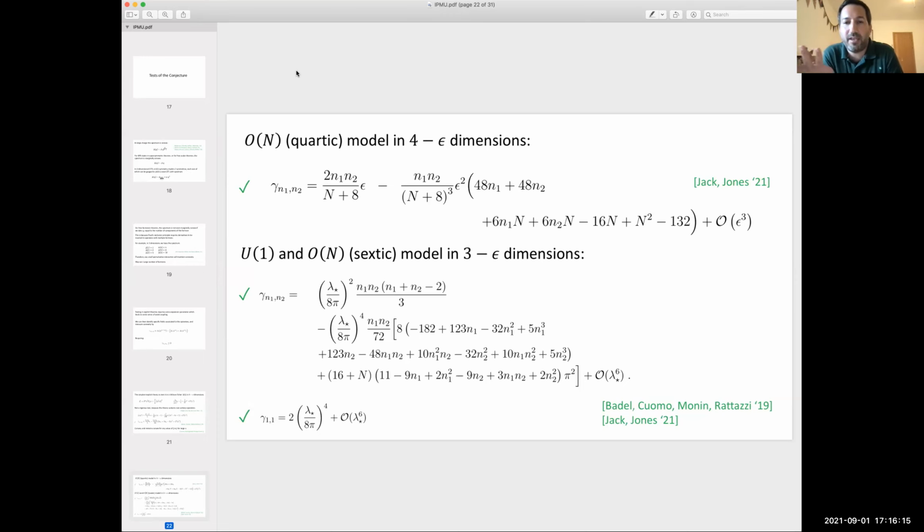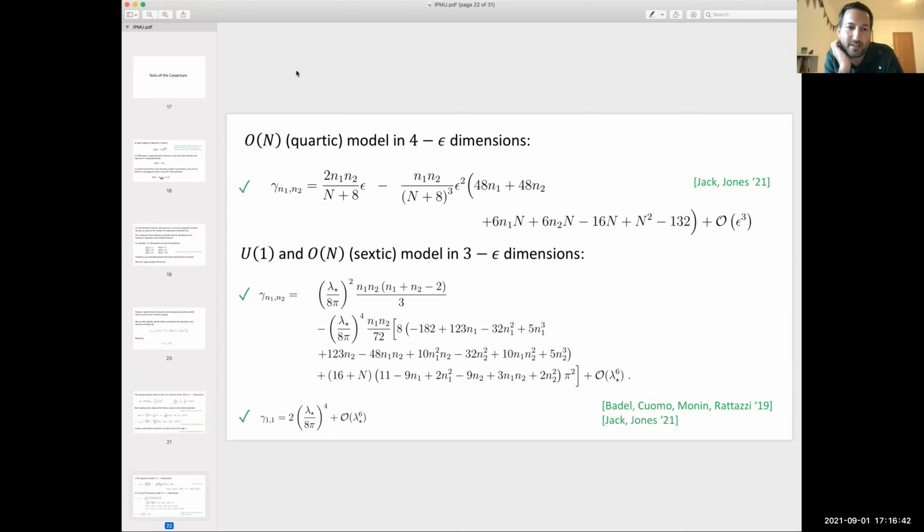So is it convex for any N1 and N2, so for Q0 equals 1? The statement is yes, but you have to go to next loop order to be able to check that. And luckily, there are these results at 4-loop order by Jack and Jones. We can just use those, and we can check that indeed the spectrum is convex. So it's fully convex, so Q0 is equal to 1.